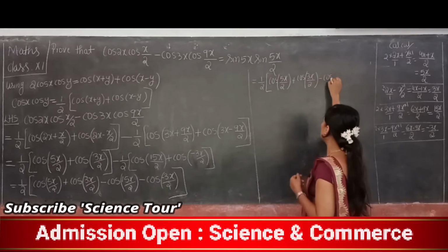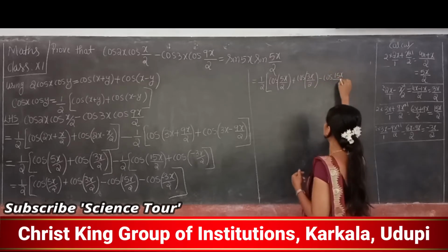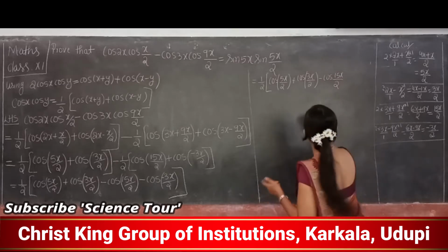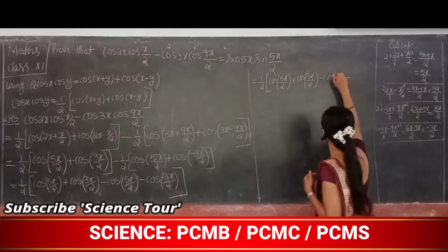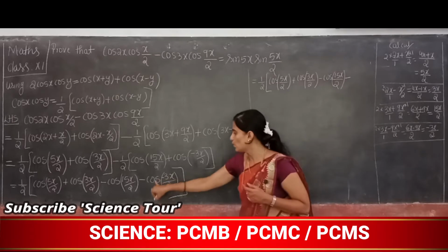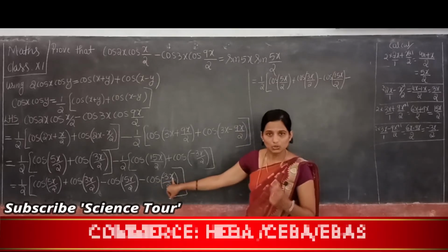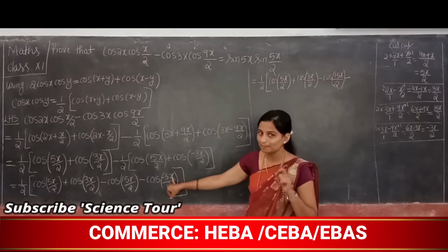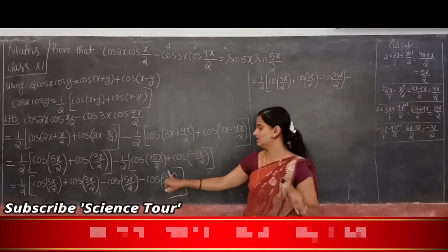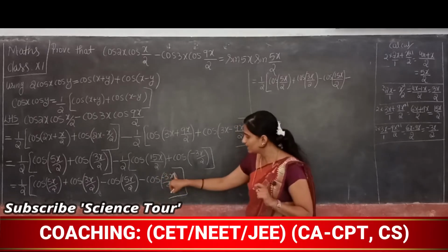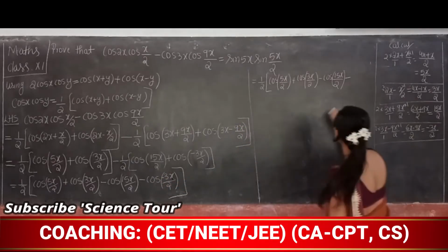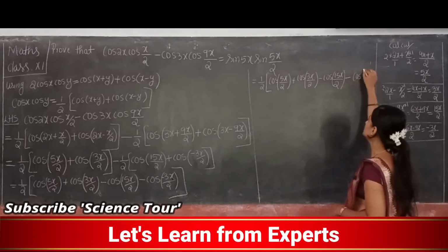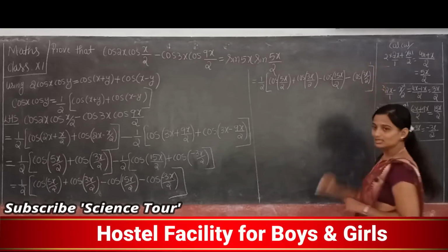Minus cos 15x divided by 2 minus cos of minus. So cos of minus is plus cos x. So cos of minus 3x by 2 is cos 3x divided by 2. Is it correct?